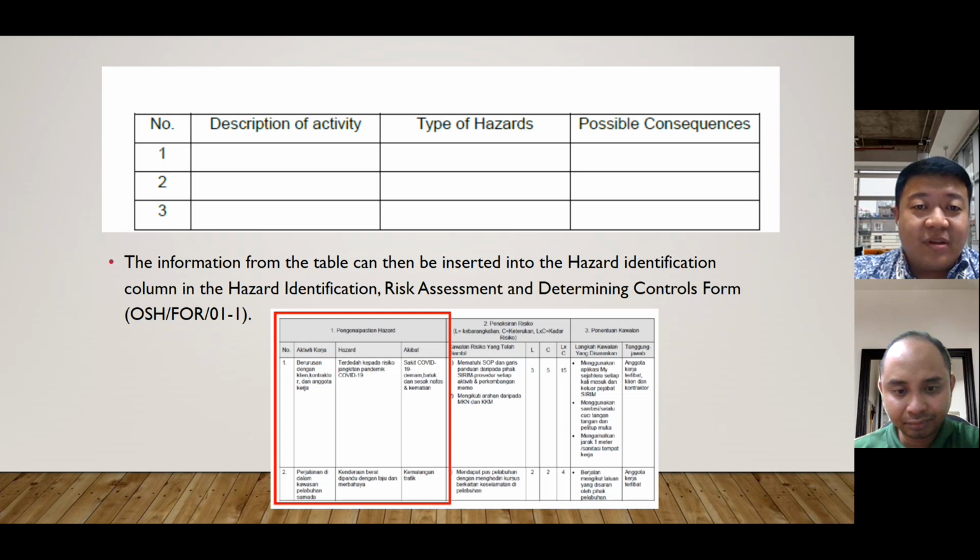For example, take the sample first, and maybe you need to grind it, and then from there you need to identify the type of hazards associated with it, for example physical or chemical, and then from there we can identify the possible consequences. All this information obtained by referring to the work instruction or work procedure of this activity can be inserted inside the hazard identification form under the column hazard identification, which I have highlighted here.